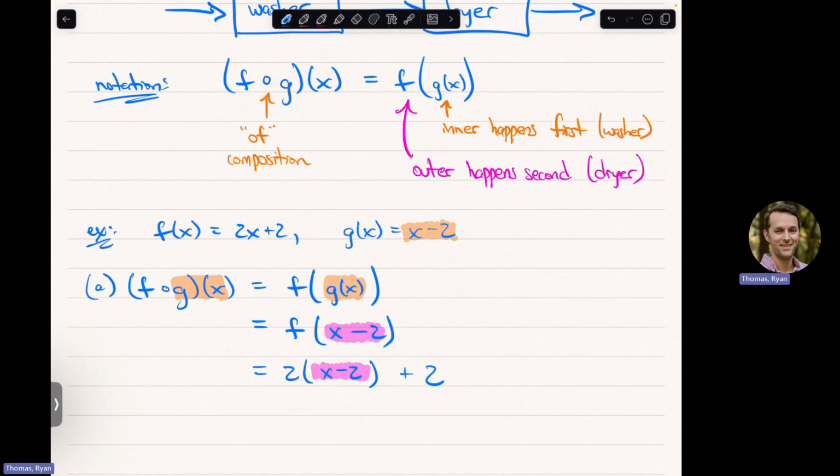Okay, now all the f's and g's and stuff are gone, which means that I've gone from dealing with this abstract idea of how these functions combine to a concrete formula, an equation type thing that I can simplify and work with. So I'm just going to simplify it.